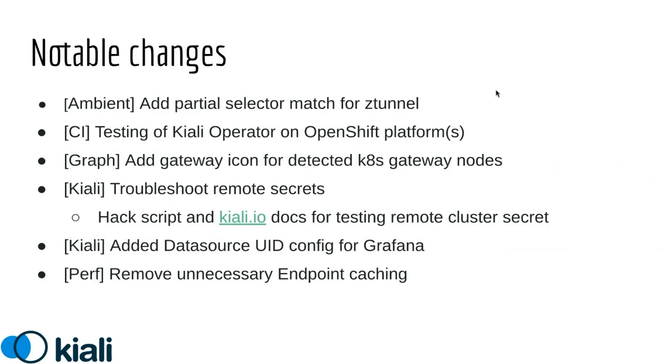But if you add an additional selector, this was not matching, because it was comparing the whole selectors as a map with app equals ztunnel. So if any implementation added more selectors to this ztunnel daemon set, Kiali was not able to detect ztunnel.